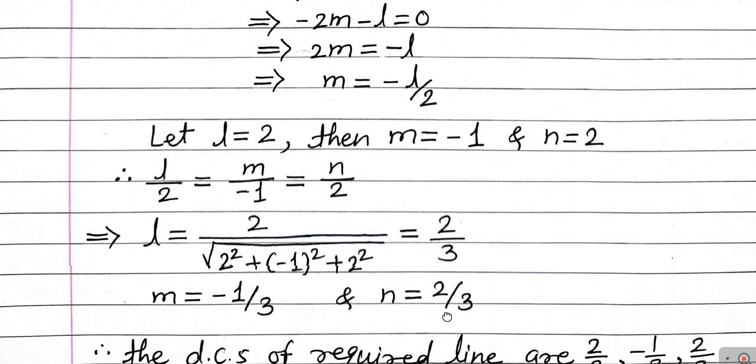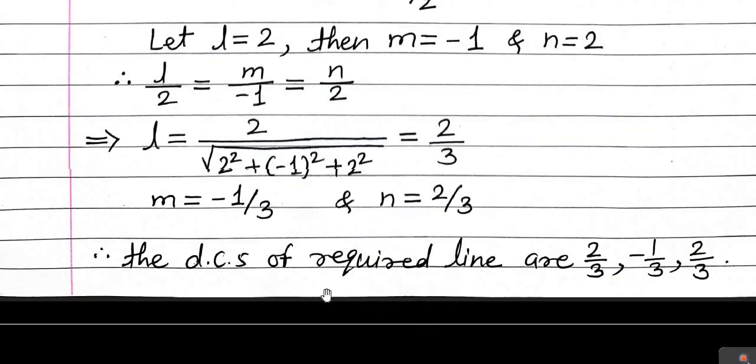So the direction cosines of the required line are 2 by 3, minus 1 by 3 and 2 by 3. Likewise, we have obtained the direction cosines of the required line.